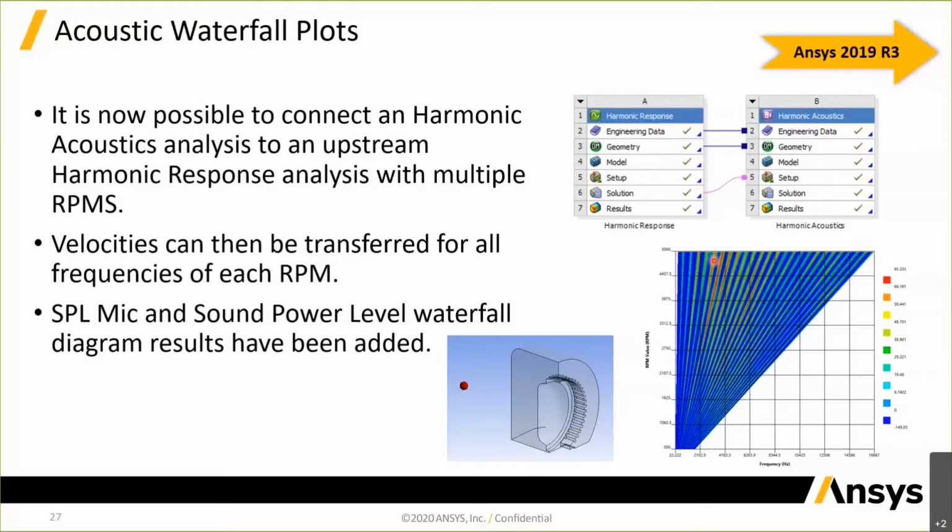It will automatically transfer the vibration response, and it will automatically transfer the analysis setup details so that we can get the waterfall plot for the sound pressure level and include any other type of radiated sound or propagation or reflection type of dynamics.